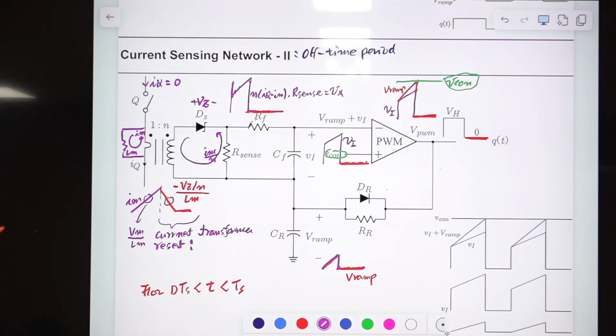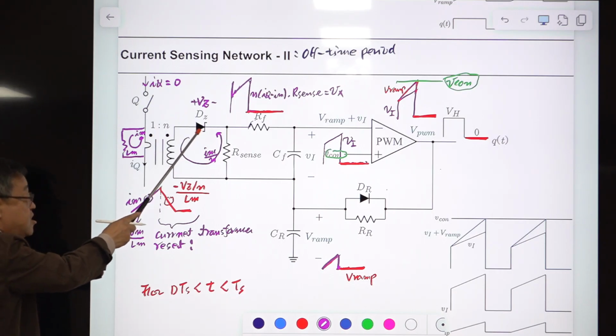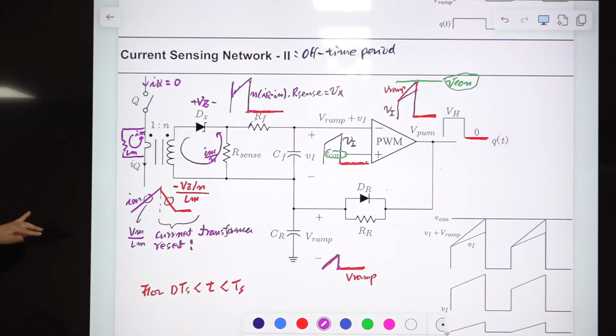This current is flowing in this direction, and this Zener diode breaks down. It's turned on. So the Zener voltage has this polarity reversed. This is a negative voltage.